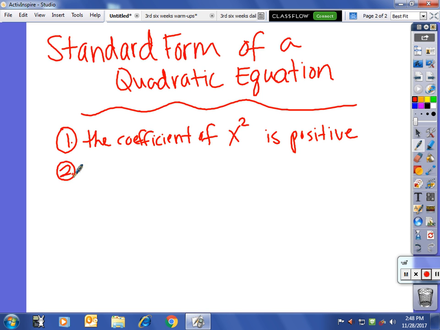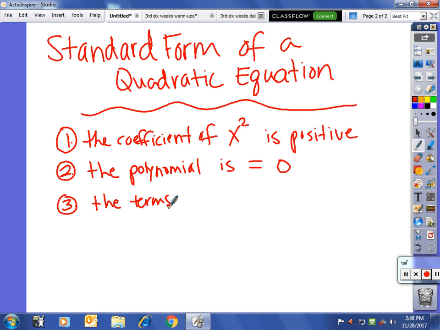Number 2, the polynomial, the equation, has to be equal to 0. And then the last thing is the terms are in descending order of exponents.